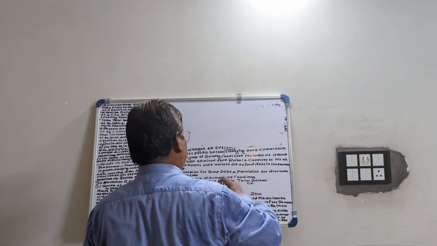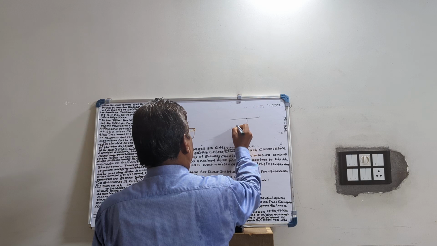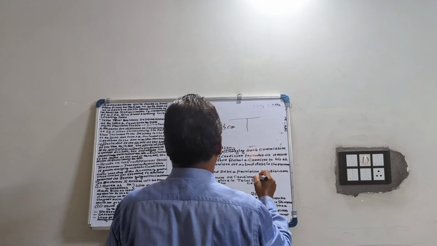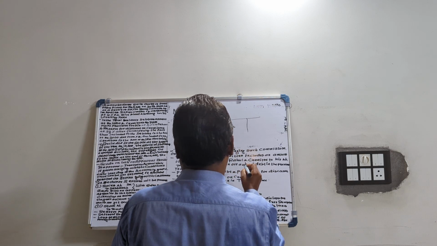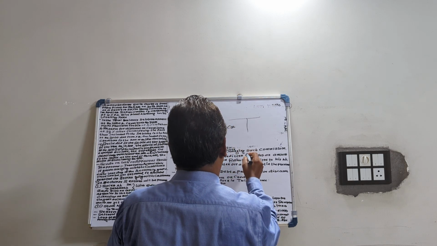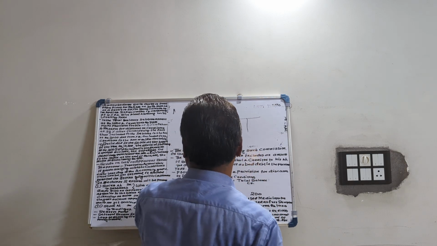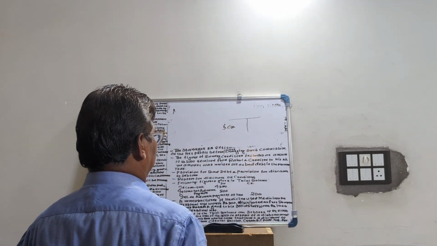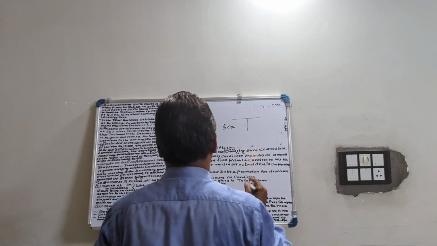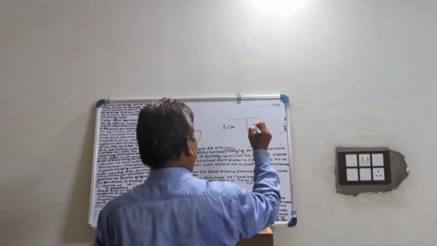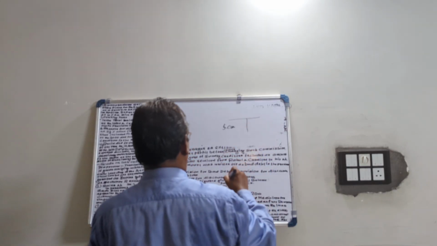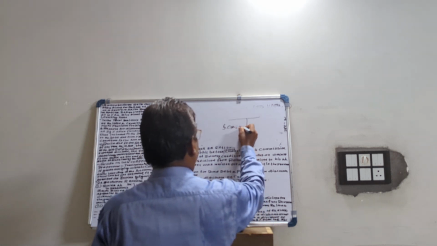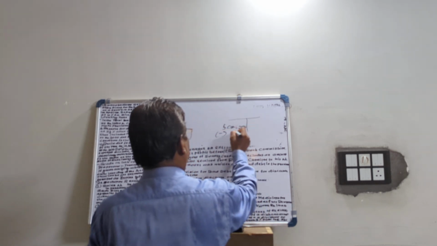Suppose sundry creditors was 62,000, so we will deduct 2,000 from it.